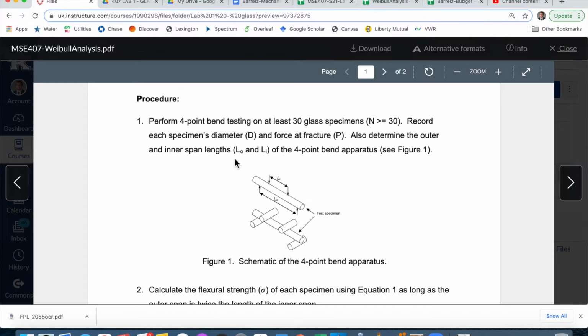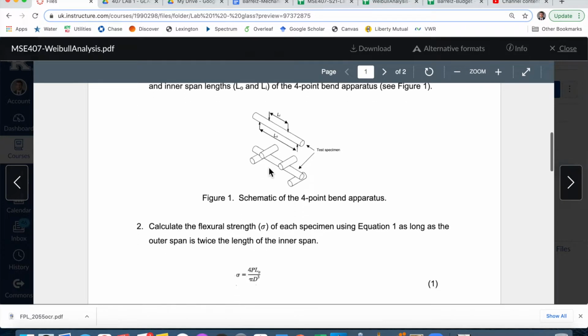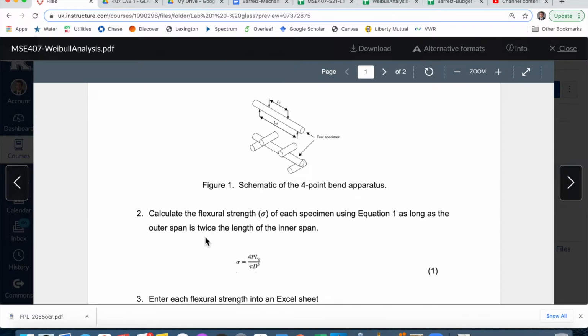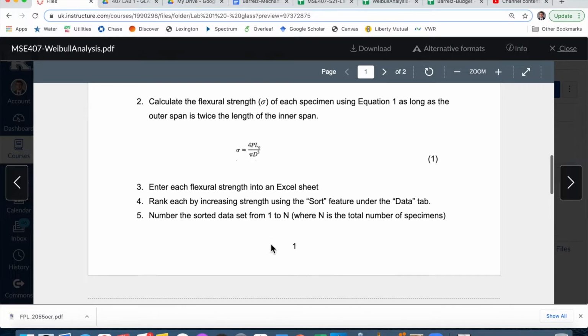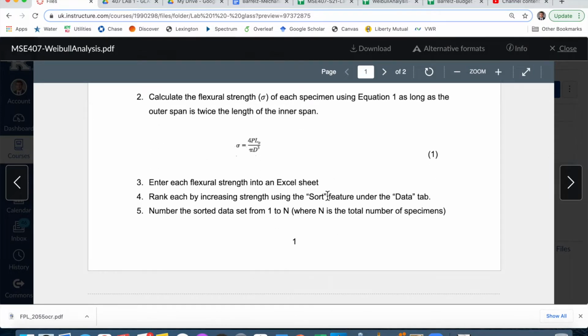You should have gotten this from the video on 4-point bending, and then you calculate flexural strength using equation 1 from the ASTM. The next parts are going to be in the Excel sheet, a detailed way of showing you how we actually perform the Weibull analysis for this material.